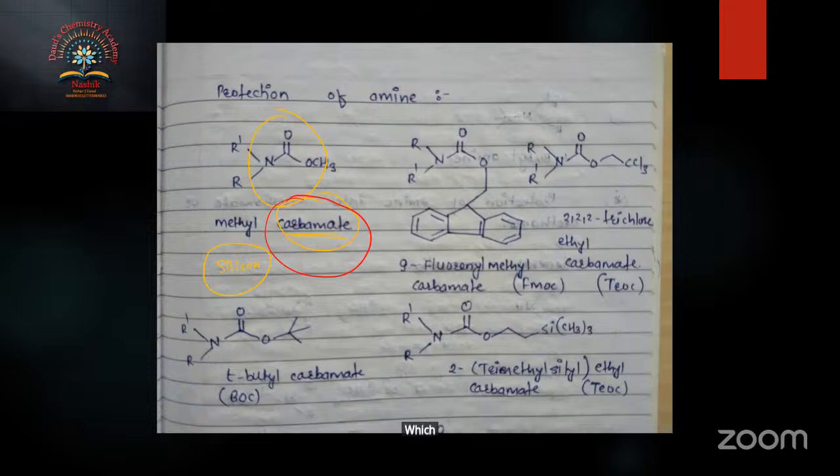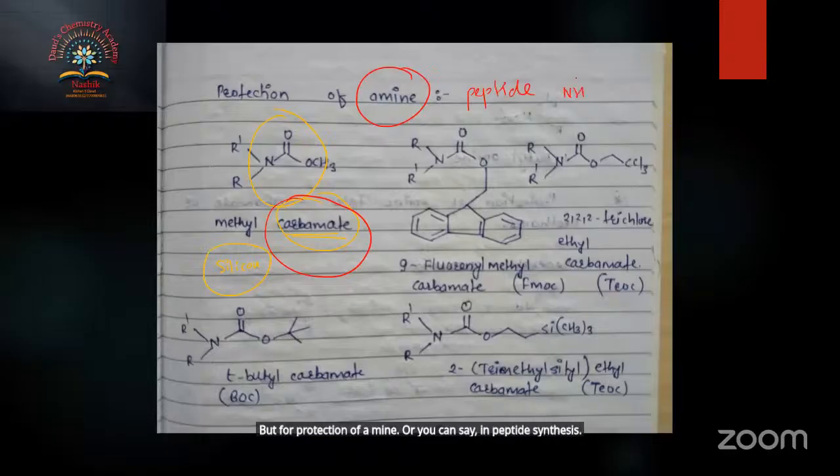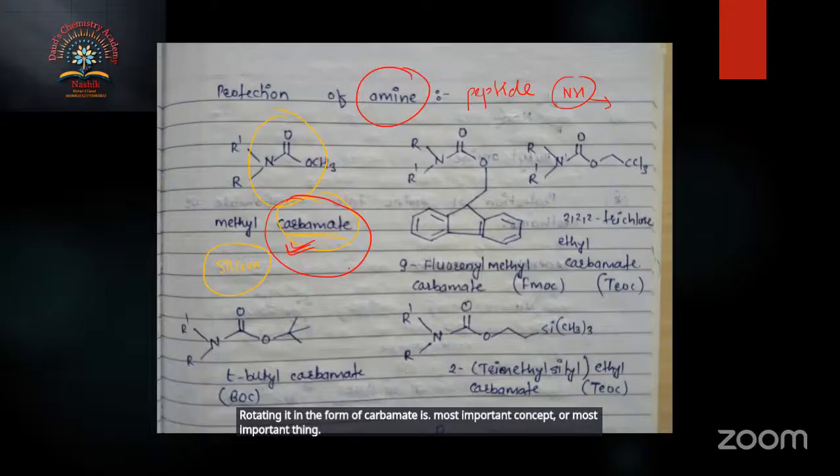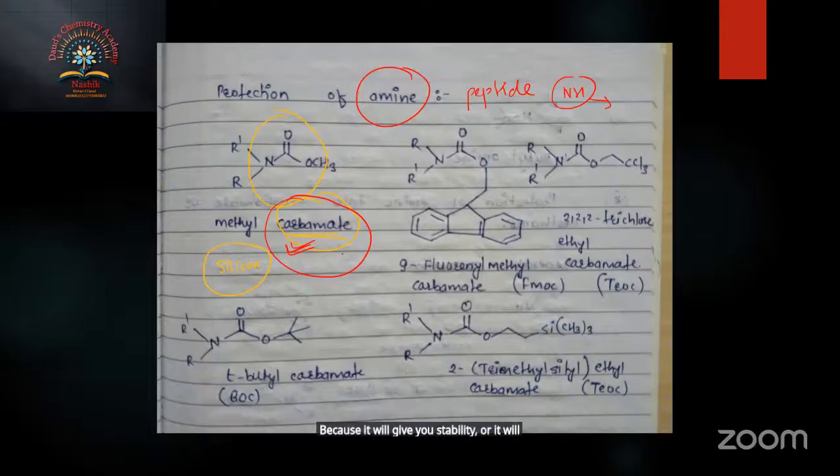Whichever you have seen in alcohol protection, you can use here also. But for protection of amine, or in peptide synthesis, protecting it in the form of carbamate is the most important concept, because it will give you stability and better yield.